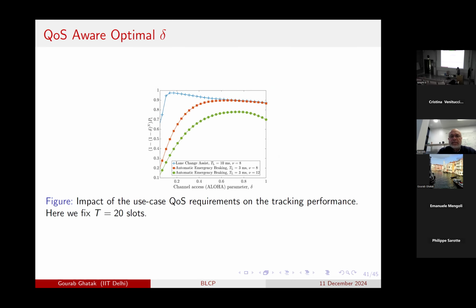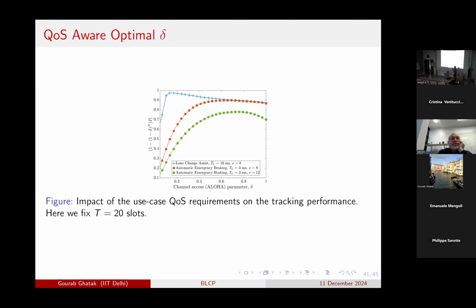So, impact of QoS requirements. For example, in lane change assist, I have a latency deadline of 10 milliseconds and a tracking requirement of 8 slots. So I have a lower amount of access probability, because a lower amount of aloha probability, because even if I have access once, I just need access once.